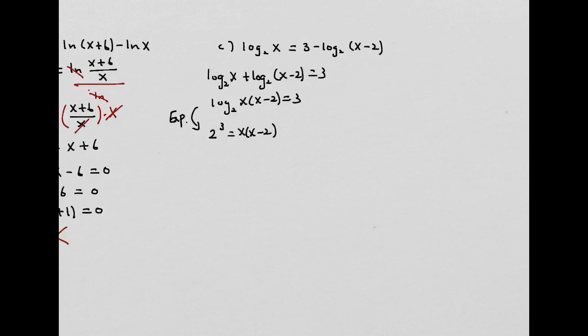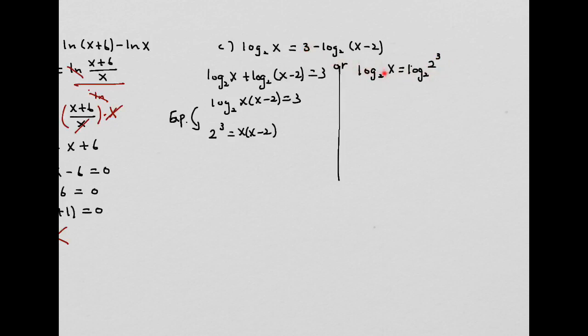Or the other way of doing it is to make a log on each side of the equation. So 3, I can change that into log 2 to the cube, right? I have to use log base 2, the small base 2. So if I want to make this term into 3, then the larger base has to be the same as the small base, and the exponent becomes your solution.